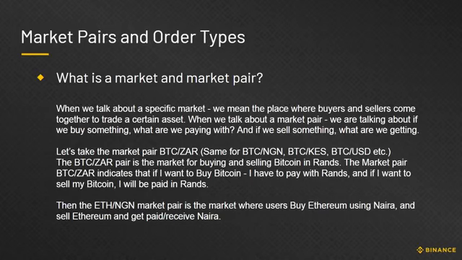What is a market and a market pair? When you talk about a specific market, we mean the place where buyers and sellers come together to trade a certain asset. Like a furniture market where people can come and buy or trade furniture, or a clothes market.